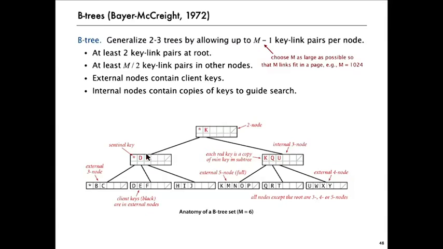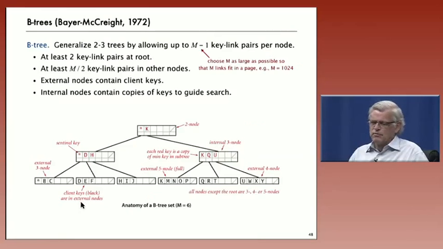So the red keys in the internal nodes are copies of keys down below that direct the search. And that's a little extra detail that just makes the implementation a little bit easier, and that's the way it's usually done. But for now, the main idea is that it's like a 2-3 tree, except that we allow way more keys per node.